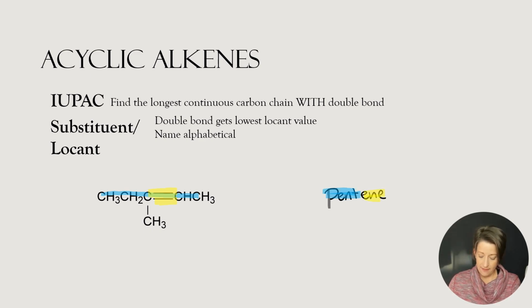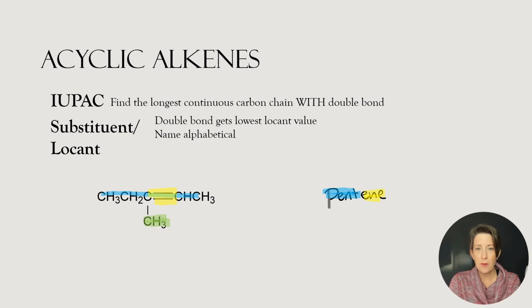We do have an additional branch here that we will need to account for. So we need a locant value for both our double bond and the branch that is in this compound. The double bond takes precedence or priority over alkyl branches or alkane branches.